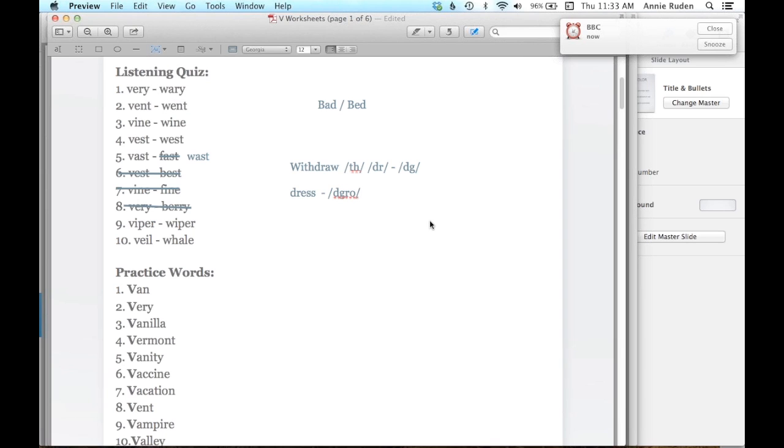Okay, so that's the trick with the DR sound. "Draw," J. A lot of people don't say it that way. It's "draw," J, kind of like the way the J is typically pronounced in English. All right, good question.